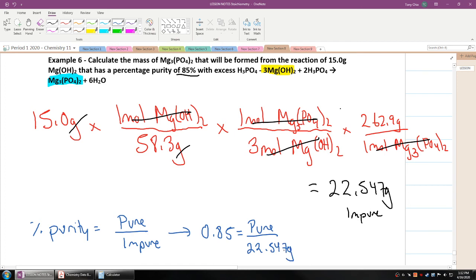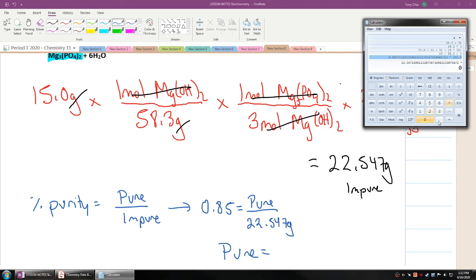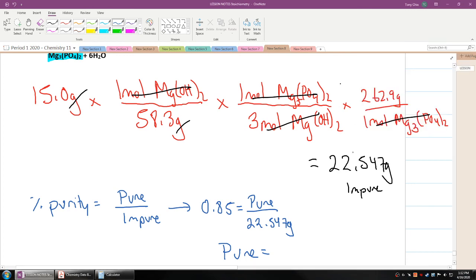22.547 grams. Multiply both sides by 22.547 grams, so times this by 0.85, you're going to get a pure amount of 19.2 grams.